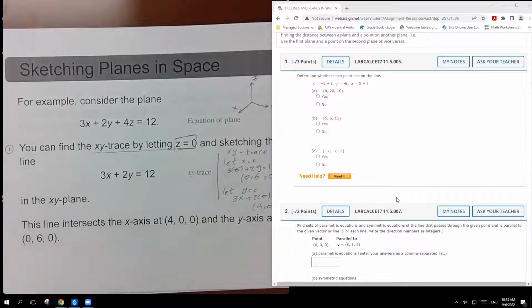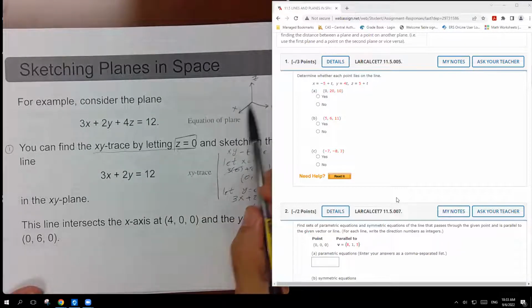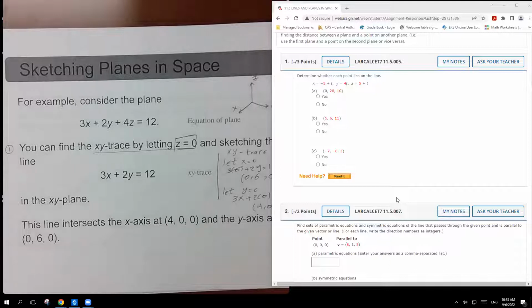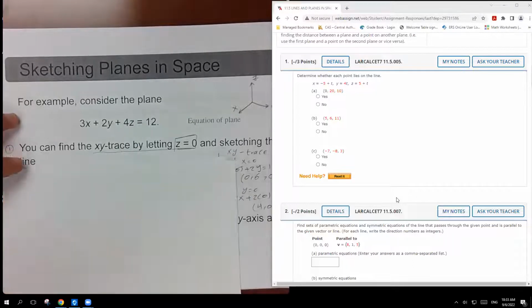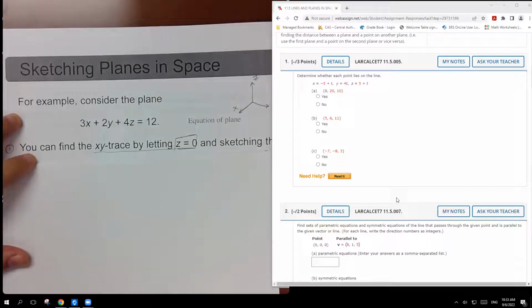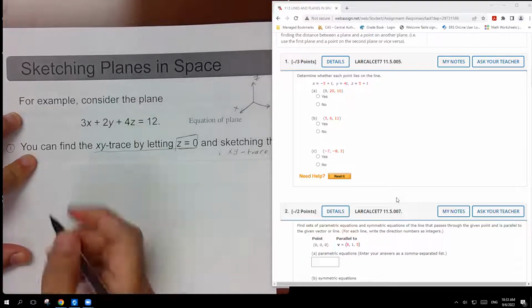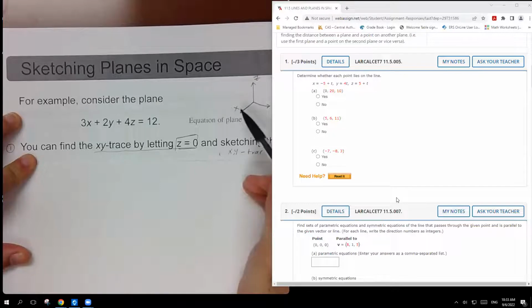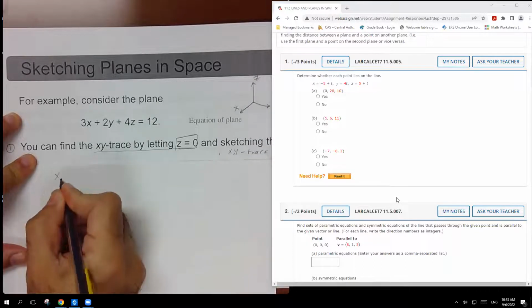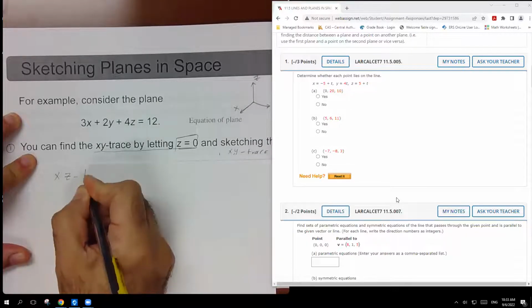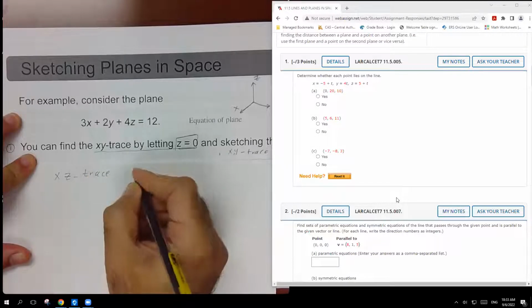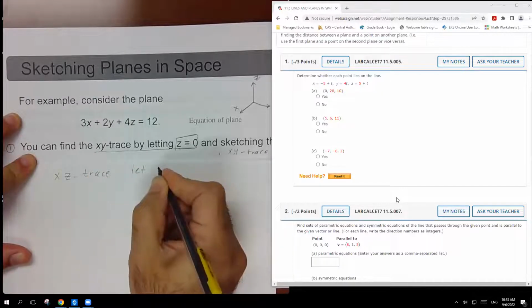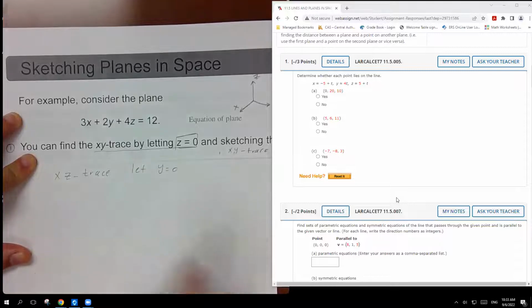Now we're going to do the second trace, XZ. We can do that. Let's do it on paper. So here are the first 2 points, because the second steps they're not going to show you. Now the second trace: we got XY, now XZ. For the XZ trace, you're going to let y equal 0.